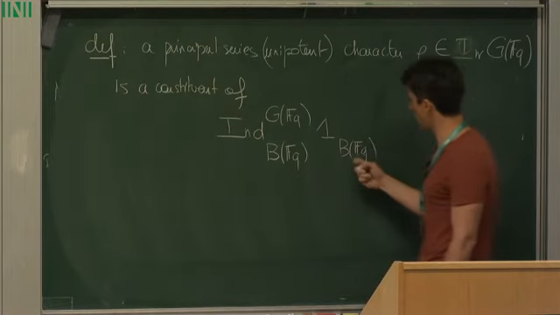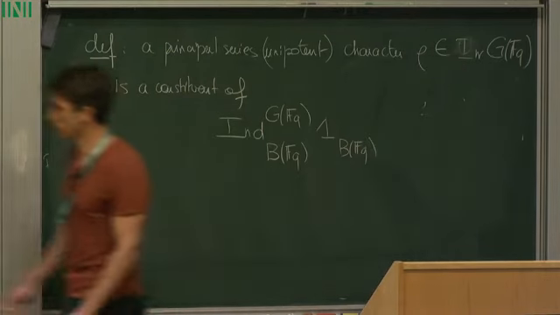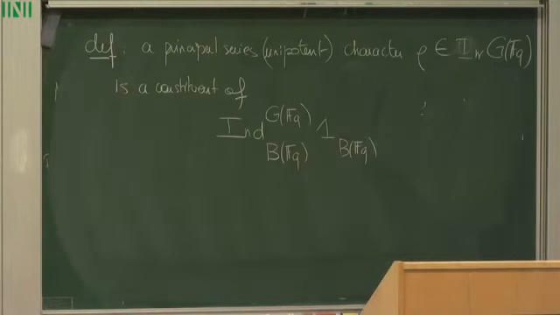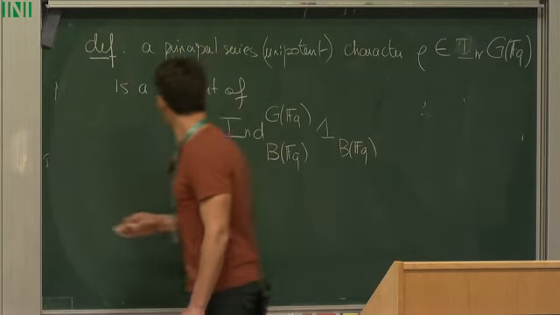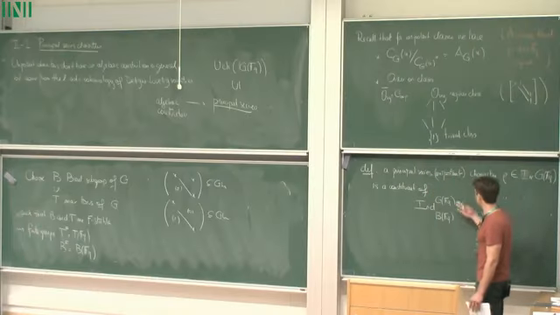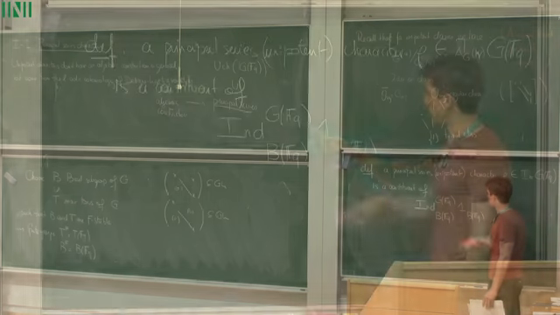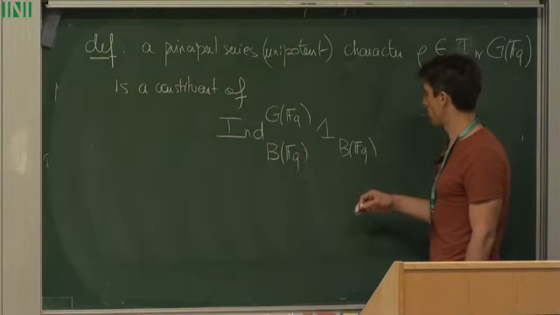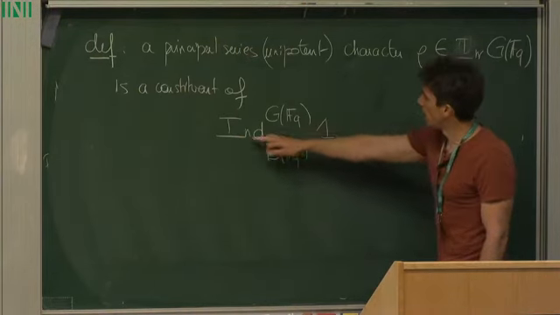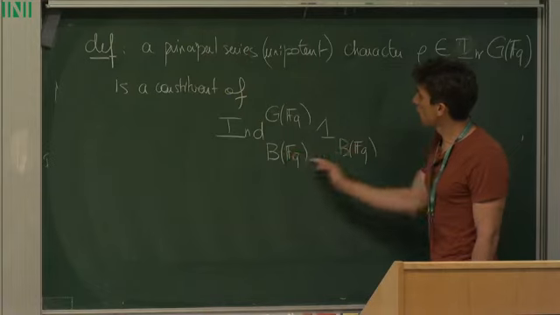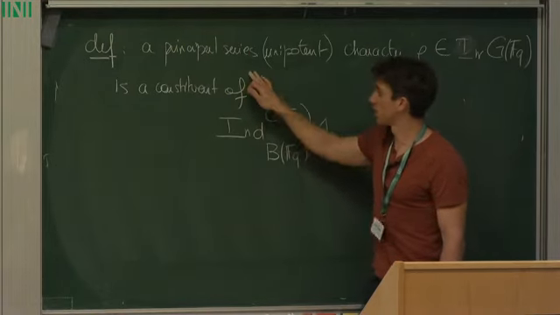I start with the Borel, which is defined over F_q, the finite Borel, I take the trivial representation, and I induce it up to the group G. It gives me something quite small, that does not depend so much on q, at least as far as the number of irreducible constituents is concerned. All the irreducible constituents are, by definition, the principal series characters.